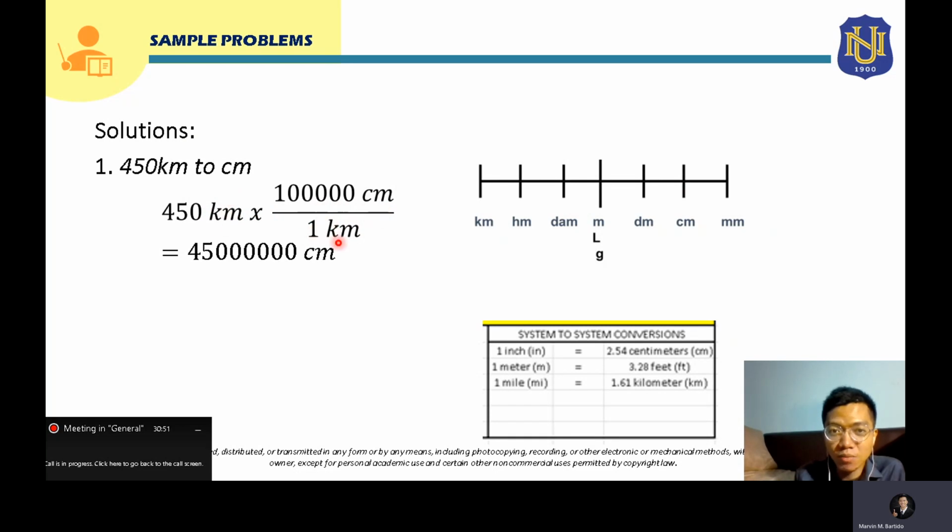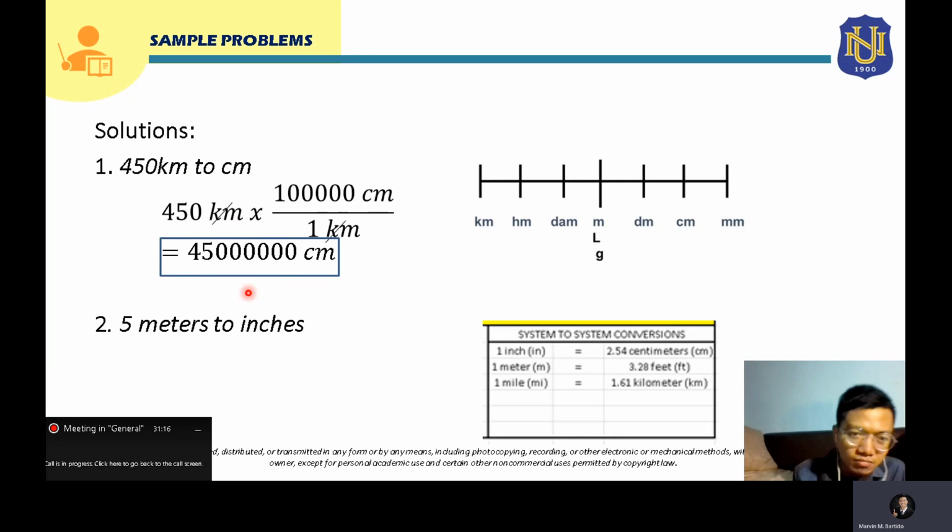So for every 1 kilometer, that is 100,000 centimeter. If you compute this, this will be 45 million centimeter. So for every 450 kilometer, we have 45 million centimeter. So that's the first example.